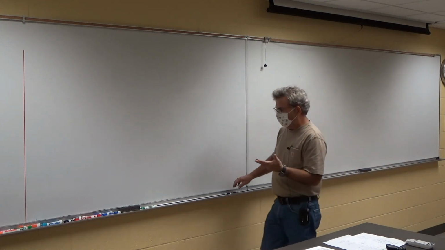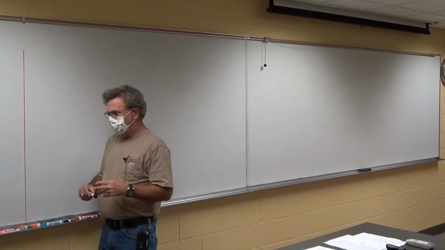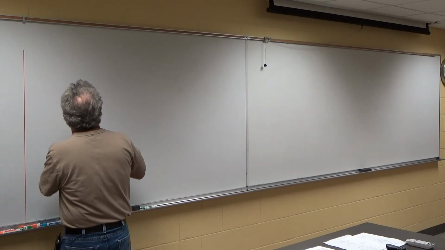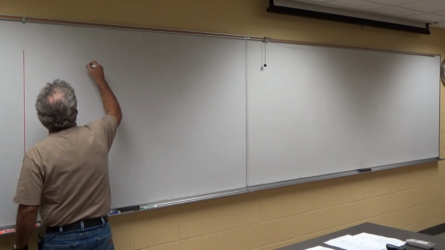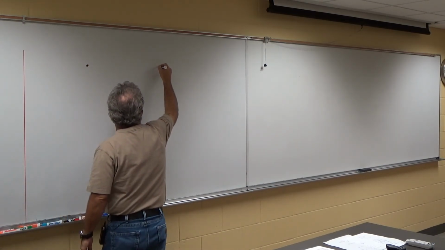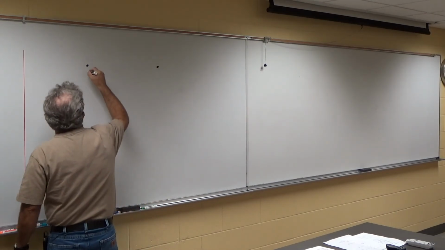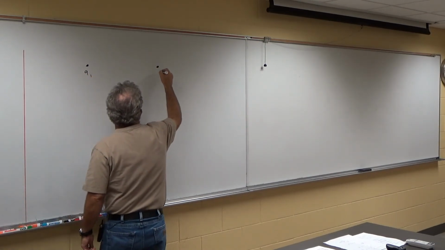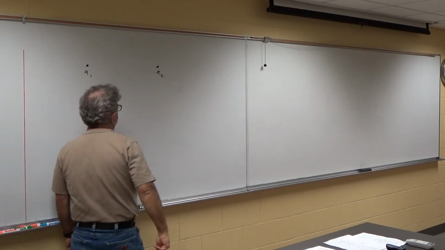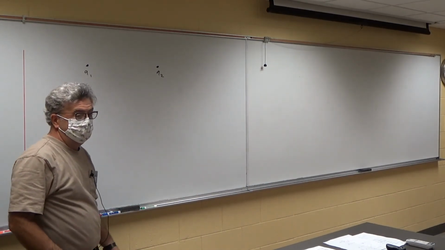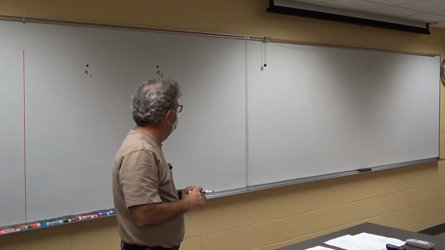So I was talking about Coulomb's law. Coulomb's law, I think, is pretty straightforward. Given two charges, say Q1 and Q2, not really concerned about the sign of the charge right now.